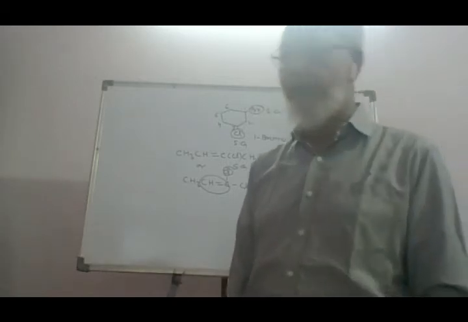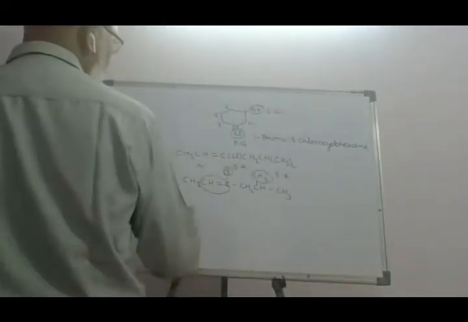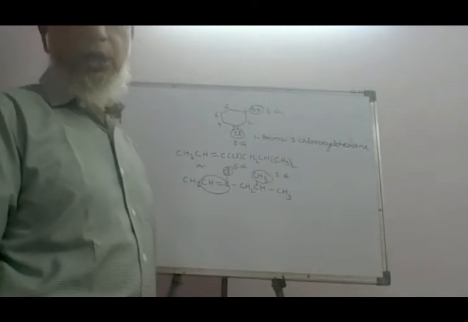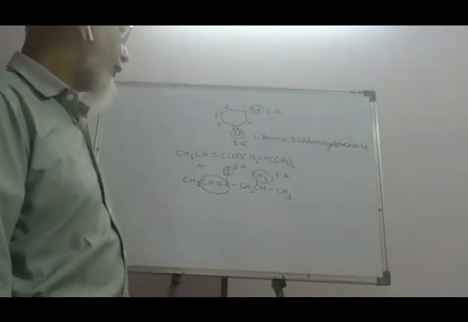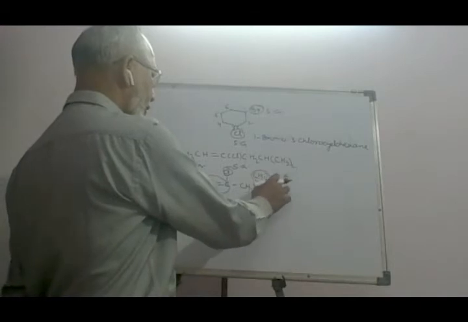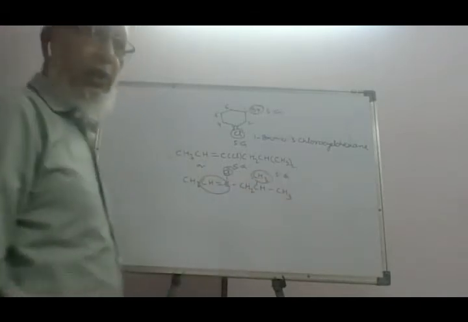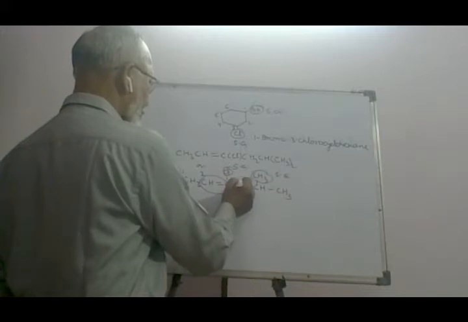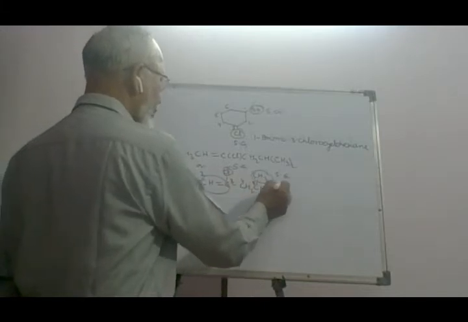There is no functional group here. Therefore, if we start the numbering from the left side, the double bond is coming at the second position, and if we start from the right side, the double bond is coming at the 3rd and 4th. Hence, we should choose this side, 1, 2, 3, 4, 5, 6.